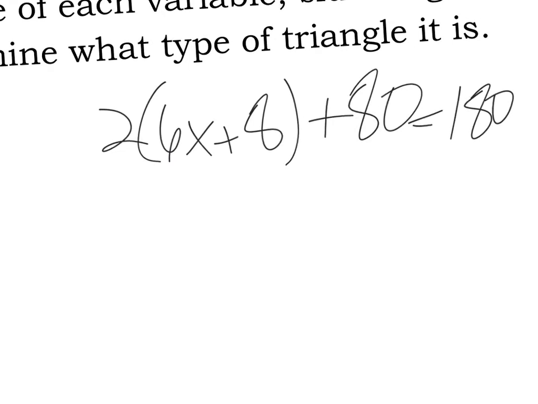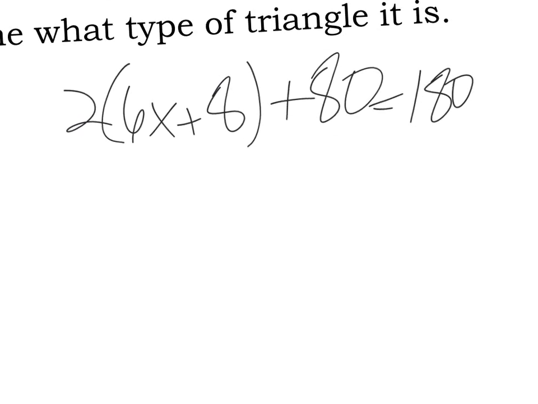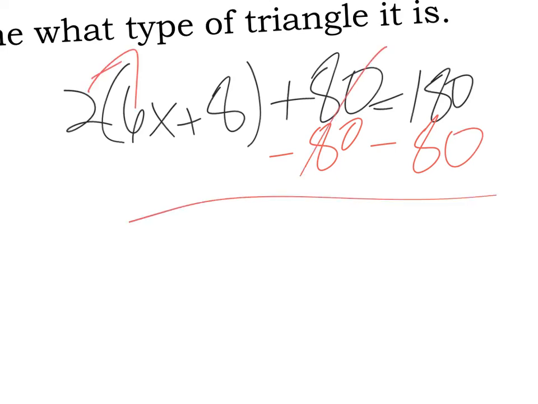And so you can solve this a couple different ways. Most kids, they'll probably do this. They'll want to minus 80, which is correct, minus 80 to the other side, and then they'll want to distribute the 2. You could also divide out this 2 to the other side, yeah, I just distribute. So that's going to give me 12x plus 16, and then 180 minus 80 is 100.